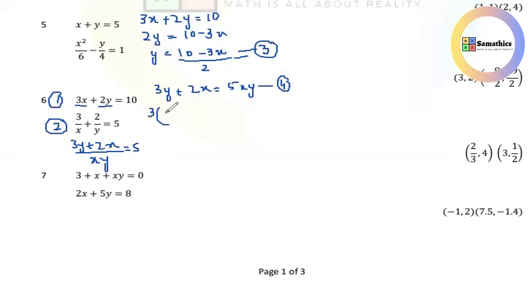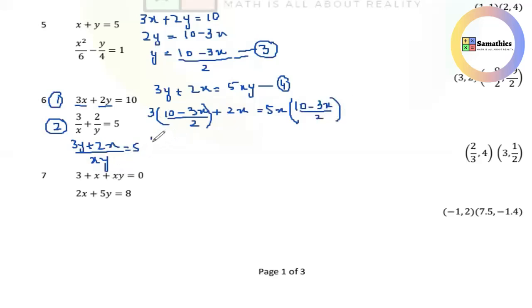We have here (10 minus 3x) upon 2 plus 2x is equal to 5x, and then y, that is (10 minus 3x) upon 2.